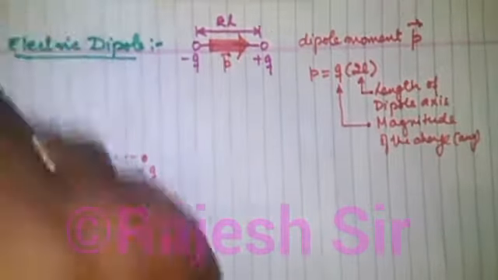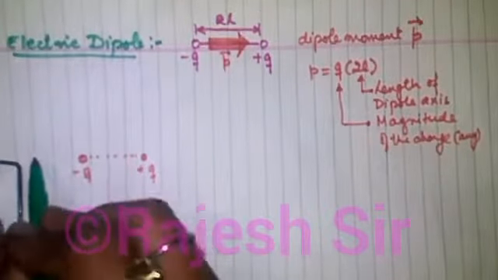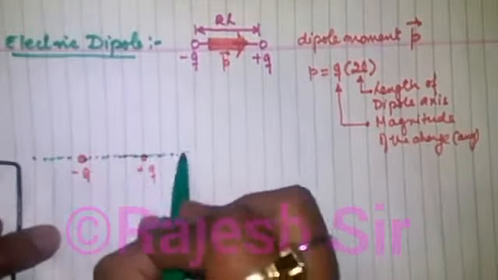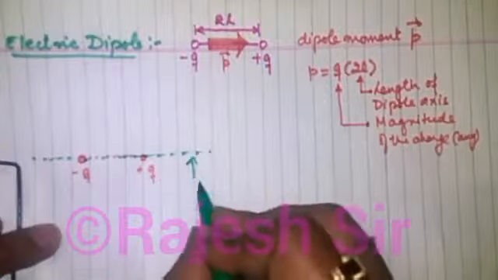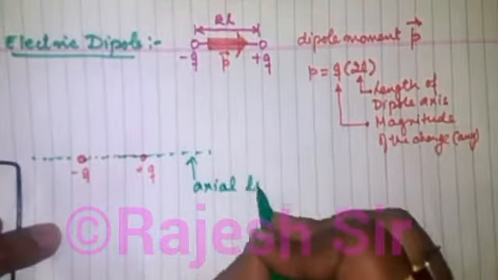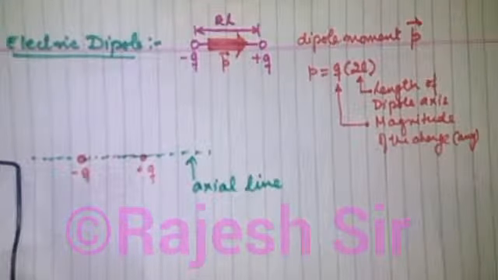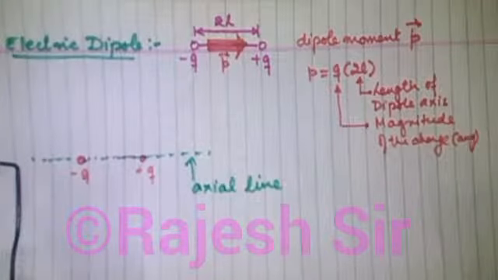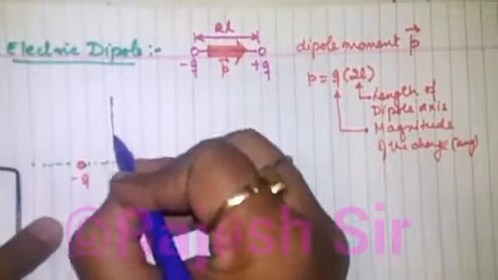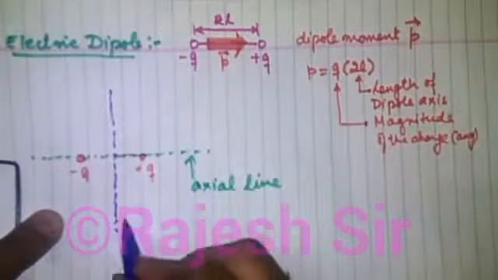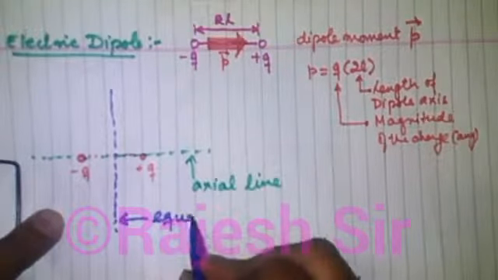A line passing parallel to the dipole axis is called the axial line. So this green line is what we refer to as the axial line, and a line which divides the dipole axis into two equal halves is called the equatorial line.